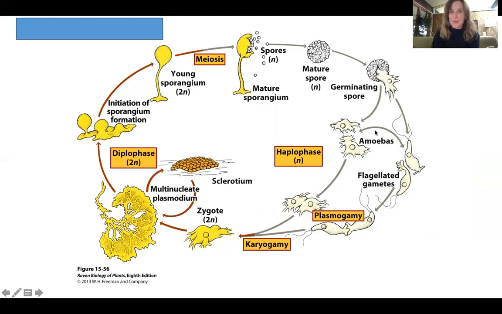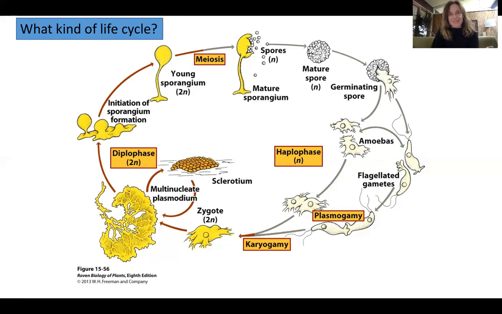These spores then grow into amoebas, and they either fuse their nuclei, karyogamy, or they fuse their cytoplasms and continue as this dikaryon phase with one cytoplasm with two nuclei for a little while until eventually karyogamy. And you get a 2N zygote, which then reproduces the nuclei only to have this big multinucleate plasmodium.